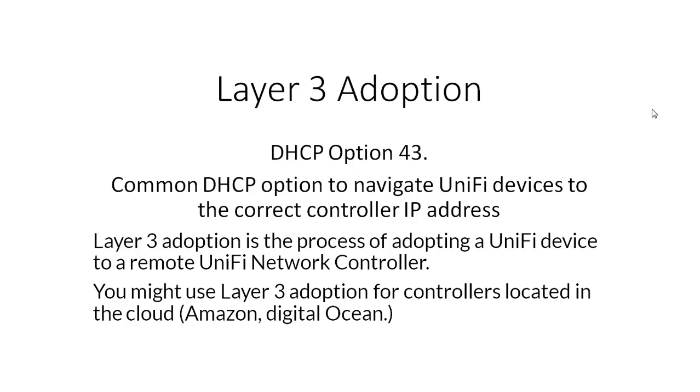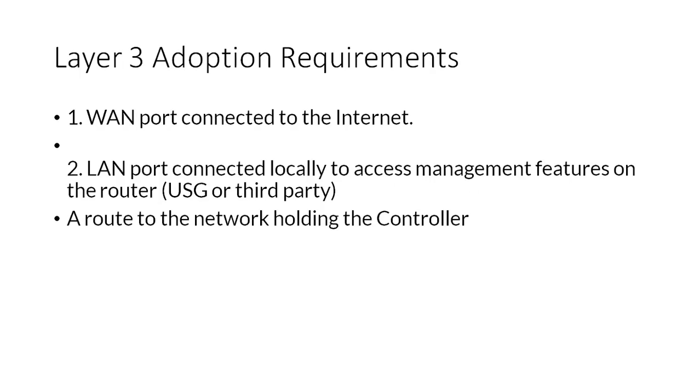So when somebody says Layer 3 adoption, the controller might be located in the cloud, DigitalOcean or Amazon, or it might just be on another network, external to your network. And again, the requirements: you need a WAN port connected to the internet. You need to be able to get on the internet.